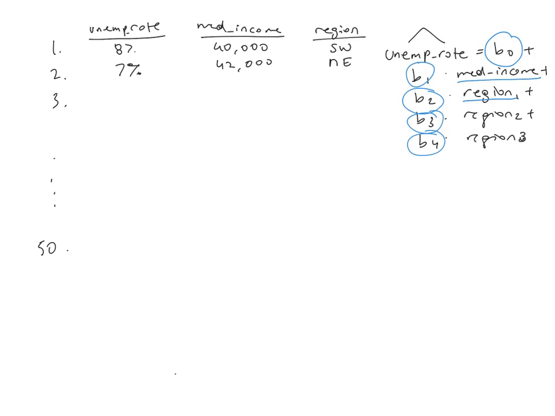That's my y-hat, my unemployment hat. Similarly, I calculate the predicted unemployment rate for each one of my states. When you're doing this in R, R does this automatically for you. It's what R calls the fitted values. These are the fitted values that you can get from your model.